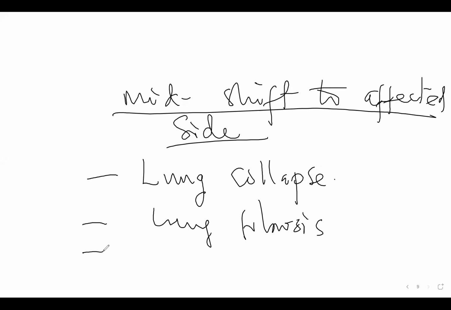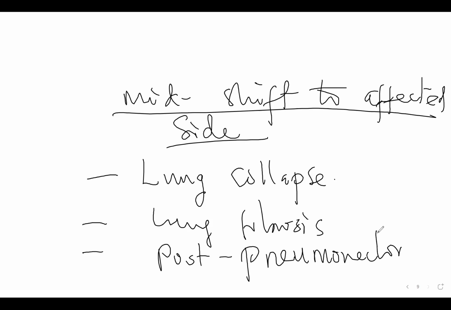When you have pneumonectomy, surgery, you remove the lung on that side. Post-pneumonectomy, you will have the mediastinum shifting to where the lung is removed. And sometimes you might have some congenital conditions like pulmonary hypoplasia. So these are very important. You identify all these.